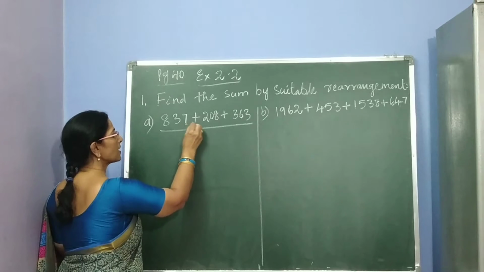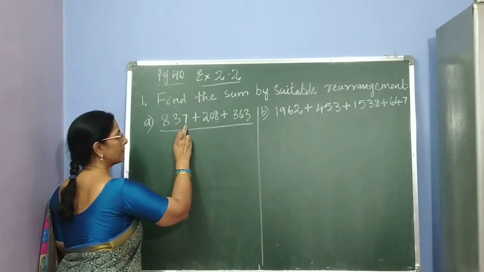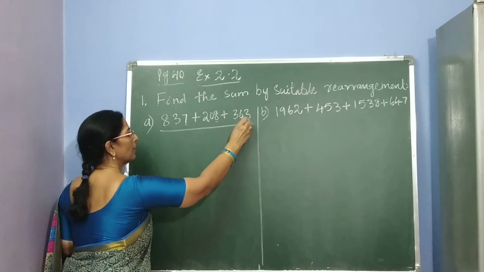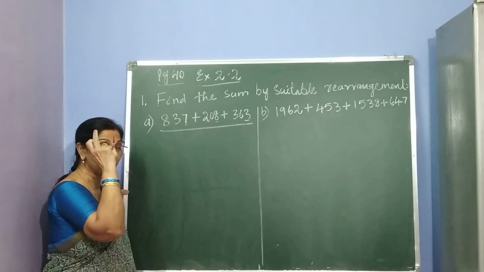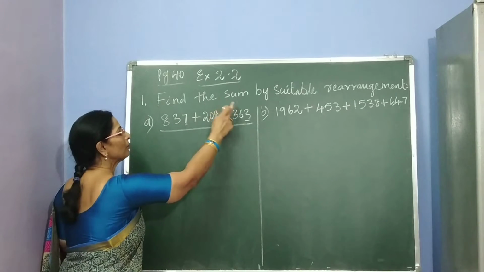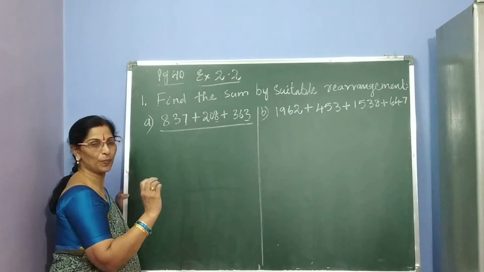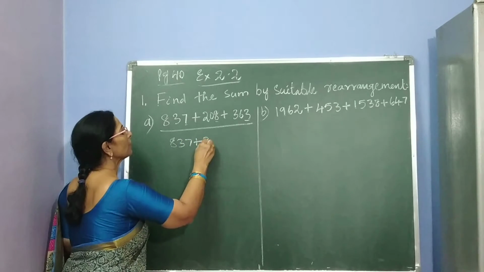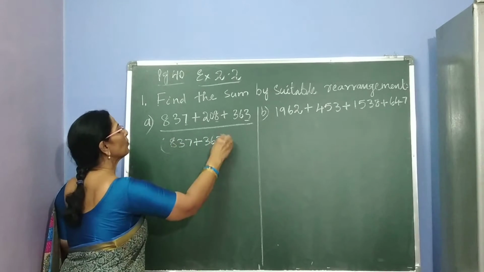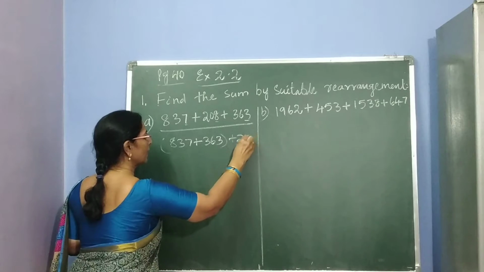Always go through the last digits, children. 7, 8, 3. By adding 7 plus 3, we get 10. So we have to think like that. We can make these two numbers one group: 837 plus 363 in one group, plus 208.